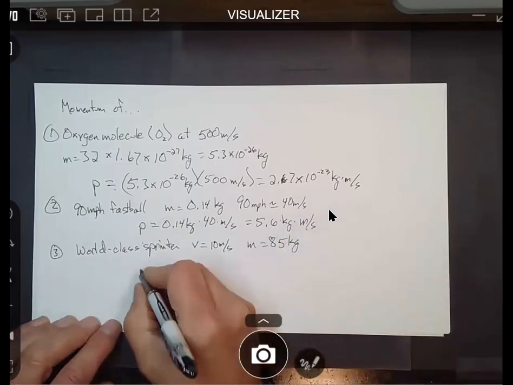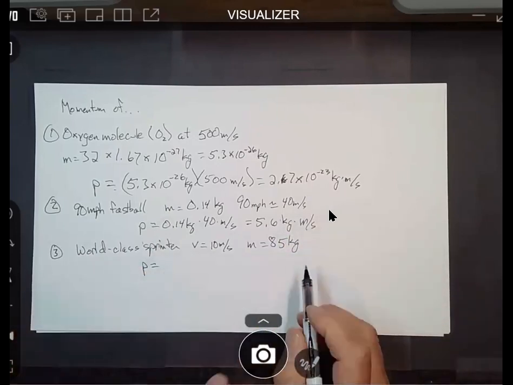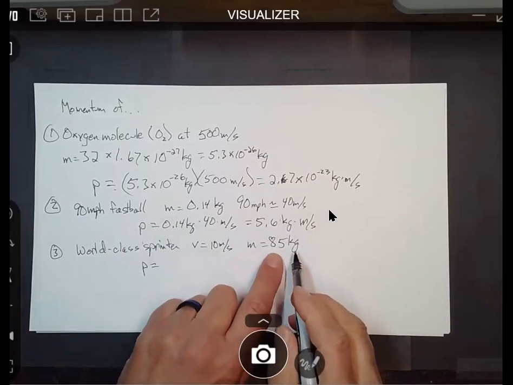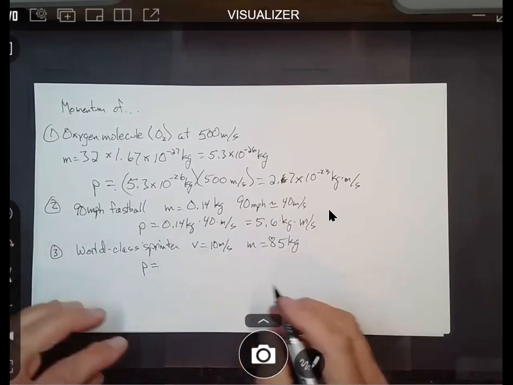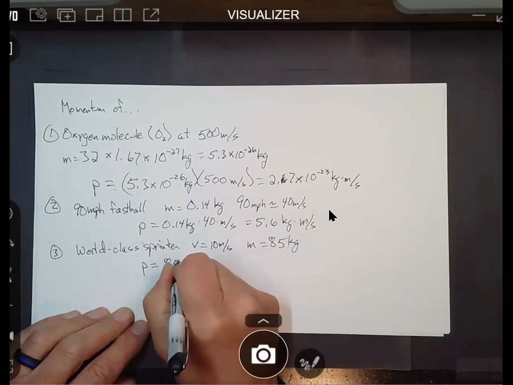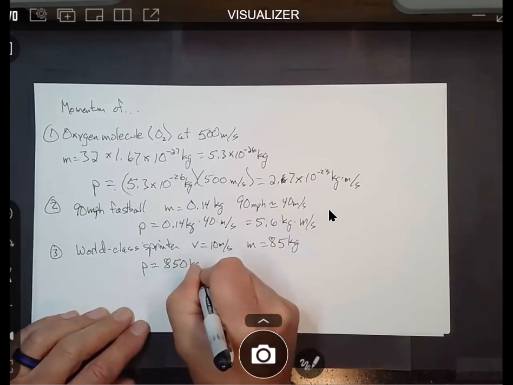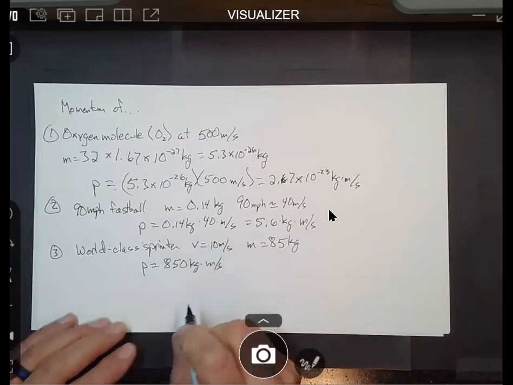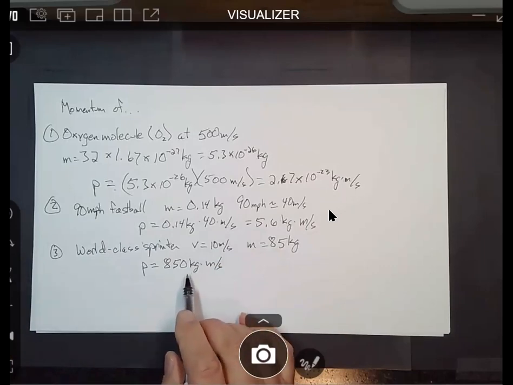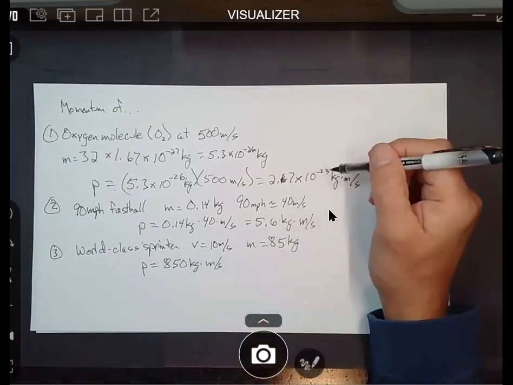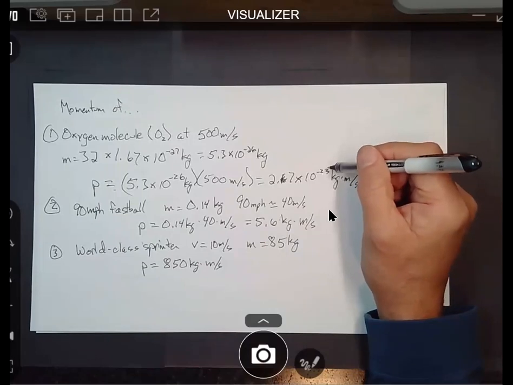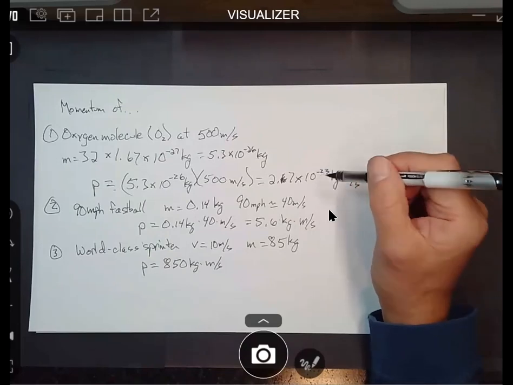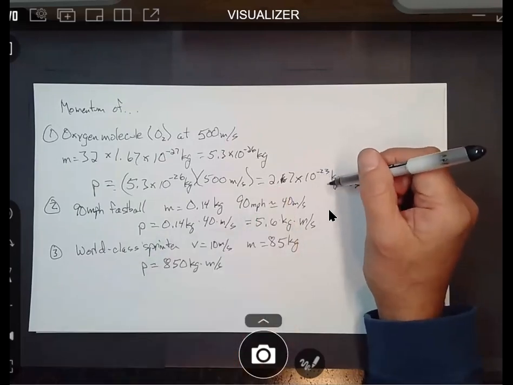So the momentum of that will be 85 kilograms times 10 meters per second, that's 850 kilogram meters per second, or 8.5 times 10 to the second. Now that's getting up here where this would be about 3 times 10 to the 25th times bigger than this, so quite a bit more.